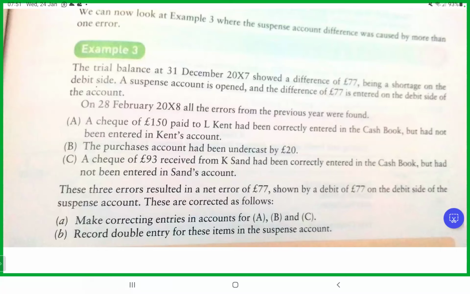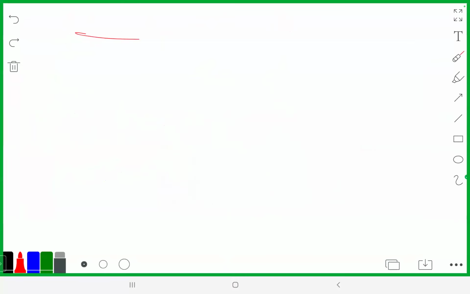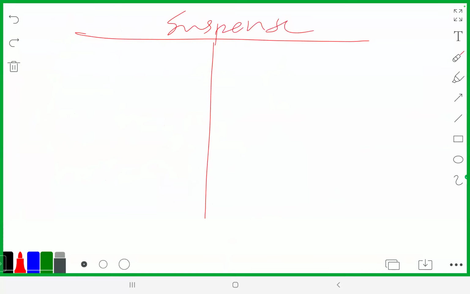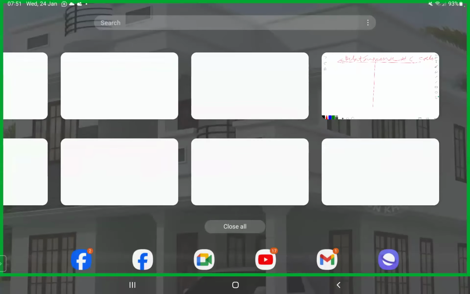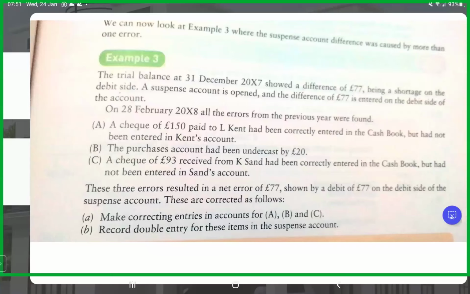So when you open the suspense account, if you learn that the difference was on the right side of the account, that is on the credit, then you have to record it on the credit. If it was on the debit, you record it on the debit side. So let me just read out this one.